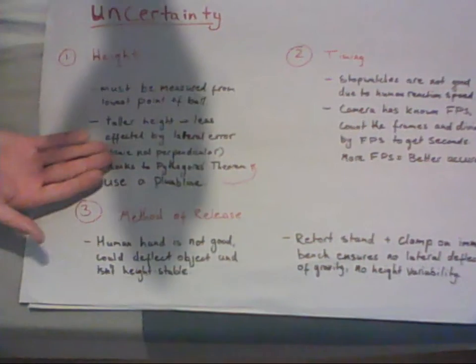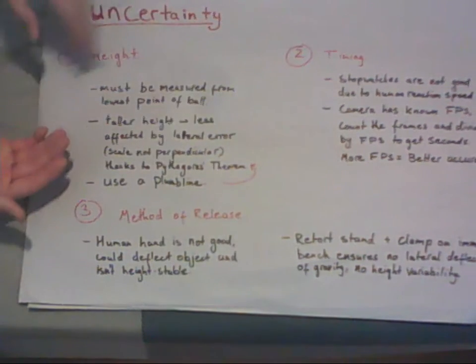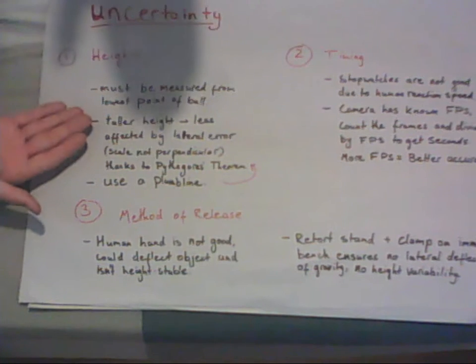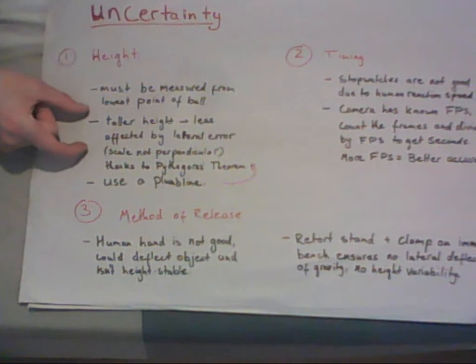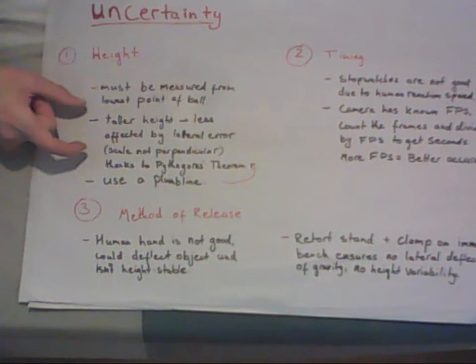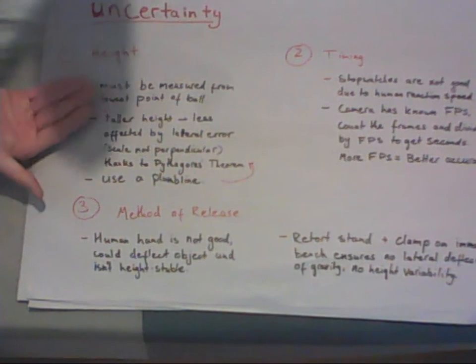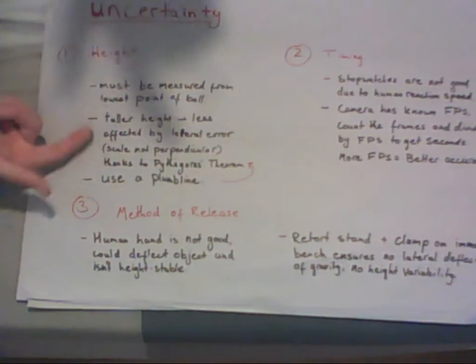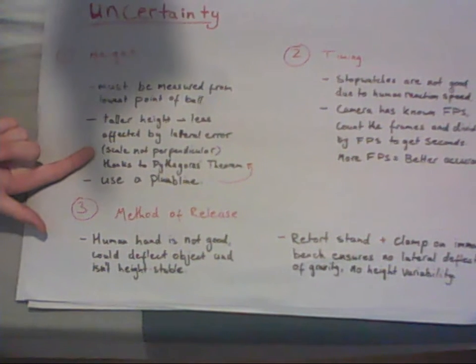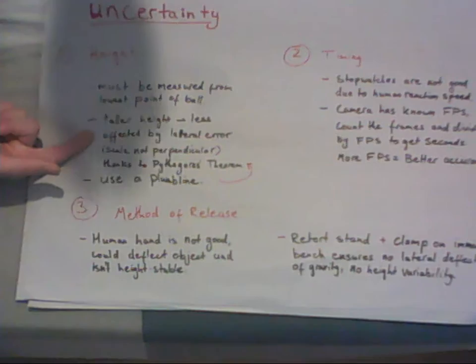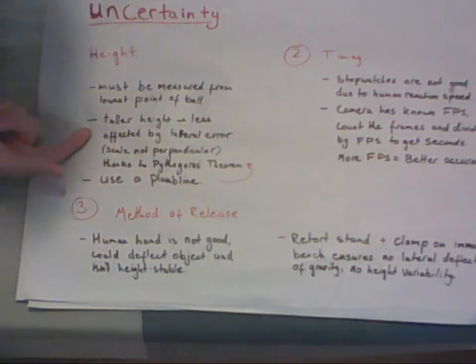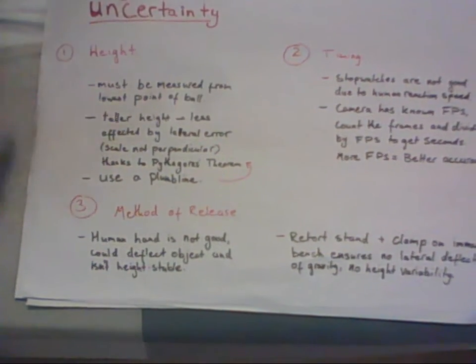So basically what conclusion you end up with is that the higher a thing is off the ground, the less lateral displacement's going to affect the actual height of it. If you measure it out, say, 3 centimeters, it's going to be off by a smaller margin if it's 1 meter high as opposed to half a meter high.